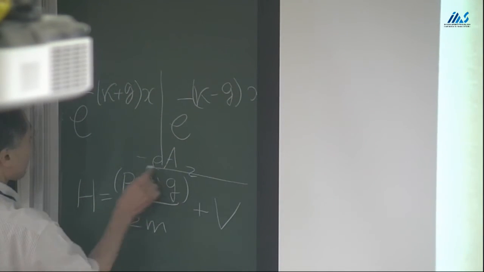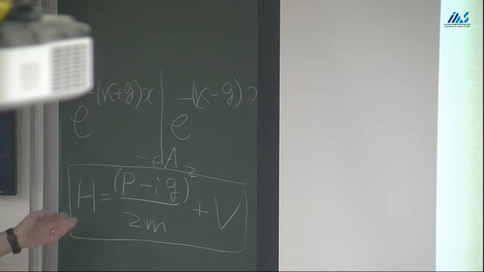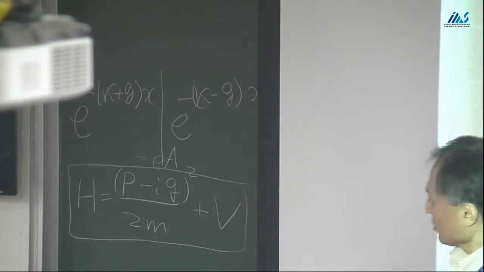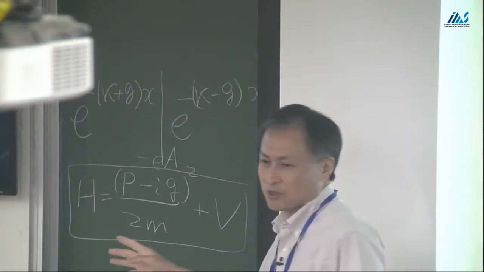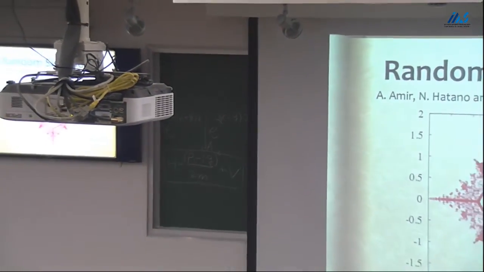So this would be the Hamiltonian, and maybe we could discuss classical dynamics out of this Hamiltonian. It's a complex Hamiltonian, so the dynamics would be in the complex plane, so you have complex trajectories.